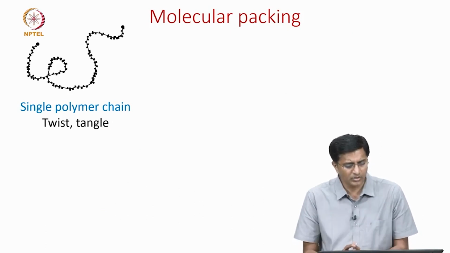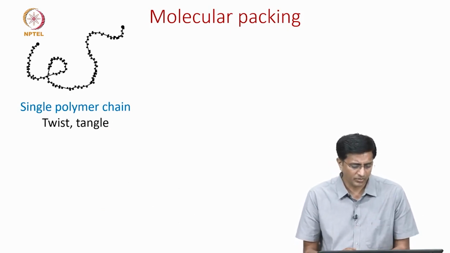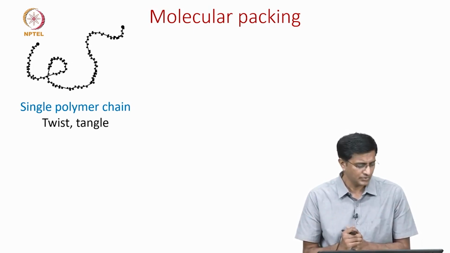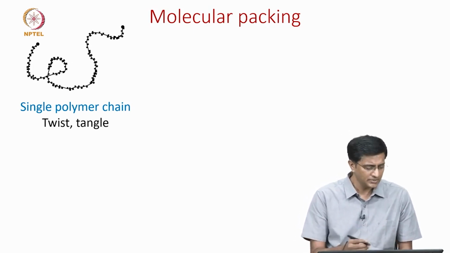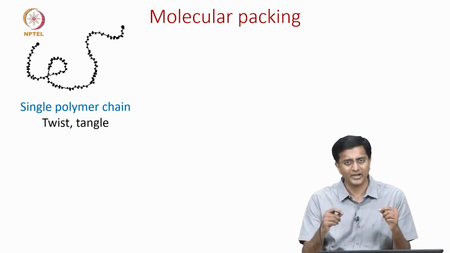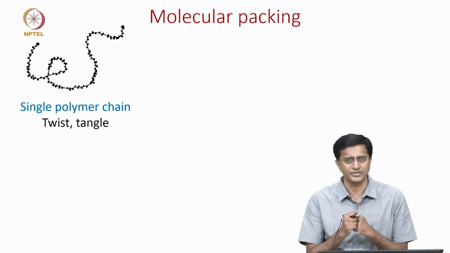Now, let us move into another topic which we have already discussed in a previous video very briefly, but now we will go into more detail about how these molecular chains pack together. So, here what we see is a single polymer chain. A single polymer chain, as we know, has a backbone of carbon atoms which gives the strength to the polymers.